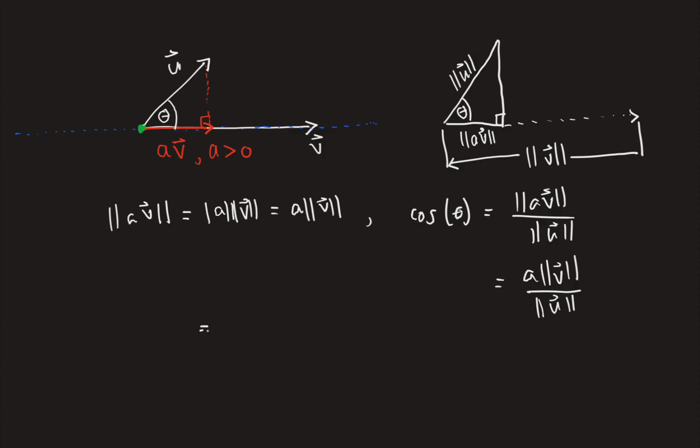So this implies that A is equal to, so I need to multiply by the magnitude, or norm, of U. So I need to multiply the cosine by that, and then I have to divide by the norm of V, like that. Okay, so that's kind of interesting.